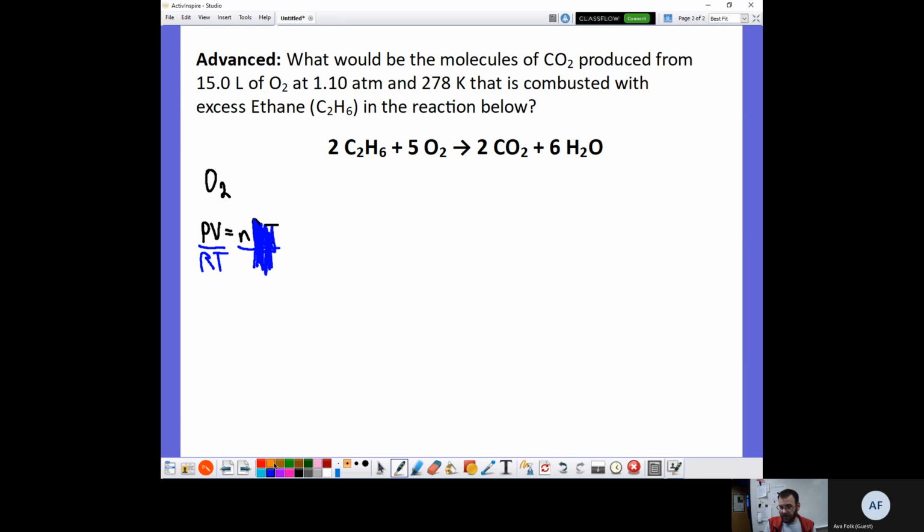So P is listed right there at 1.1 atm. V is listed at 15.0, and then we have got our R, which is 0.0821, and our temperature, which here is listed as 278 kelvins. All right, so this should be able to determine our moles of O2.